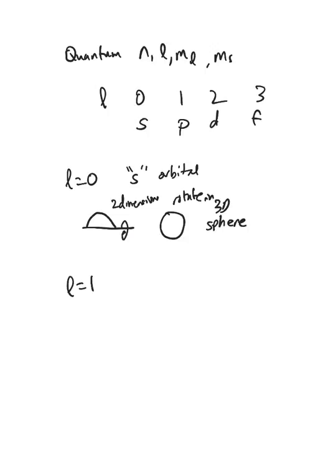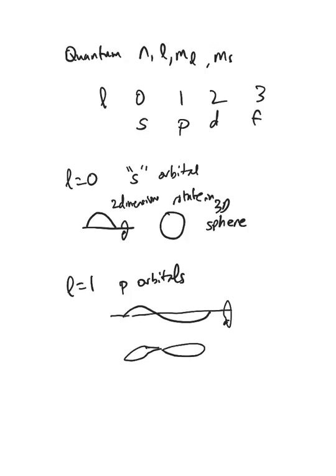If l is equal to 1, we're now talking about p orbitals. And these wave equations you can think of as trigonometric equations. So if we had a wave that looked something like this, and we rotated it in 3 dimensions around this axis, we wind up having something that looks like this.